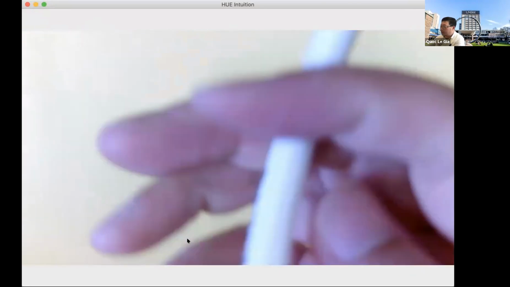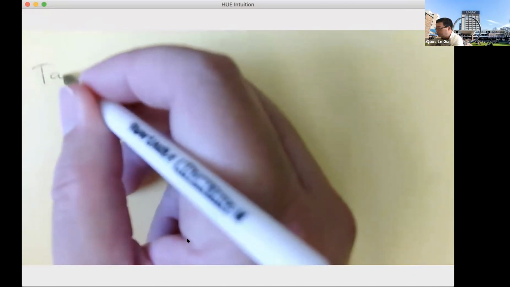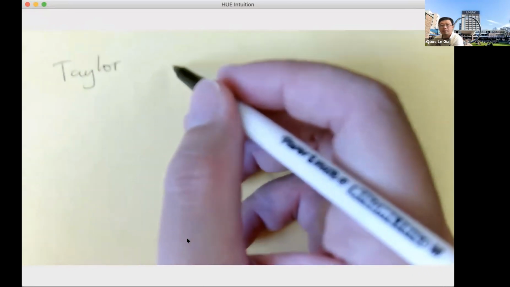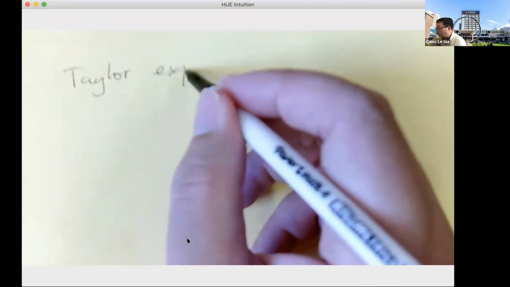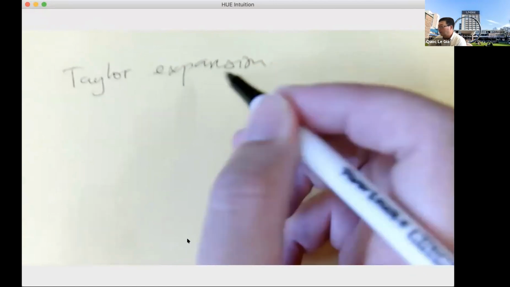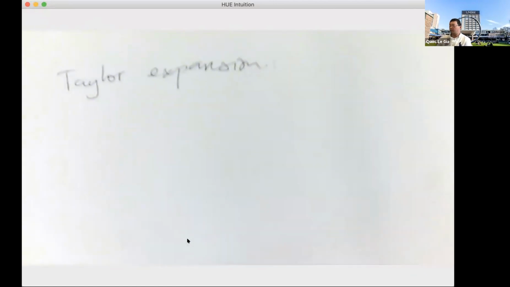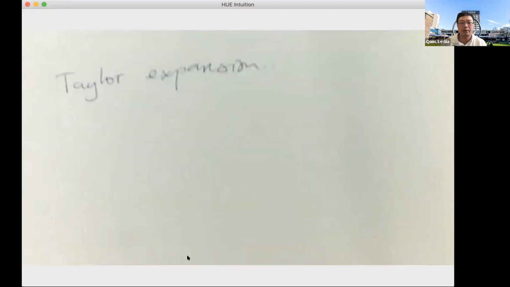So anyone give me the Taylor expansion formula? You can look it up on Google. What is the Taylor expansion formula, the one that you are familiar with? Anyone type in the chat box?